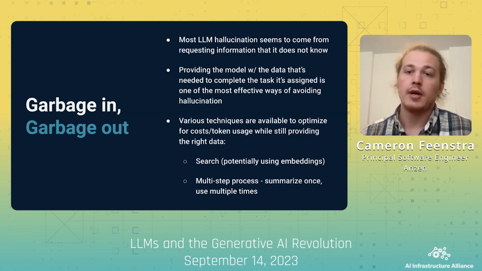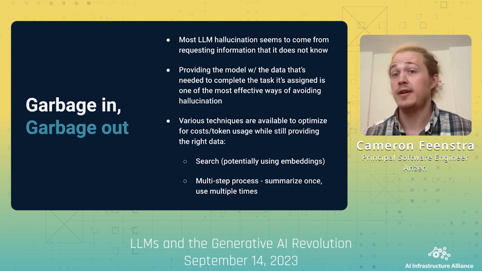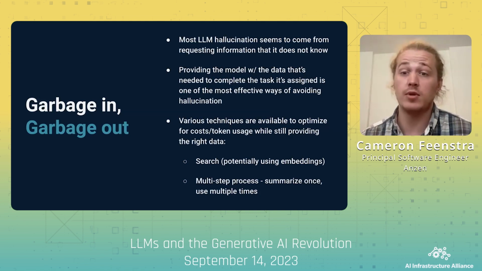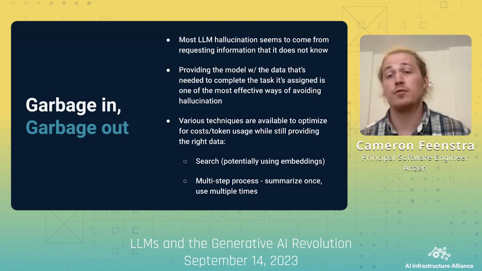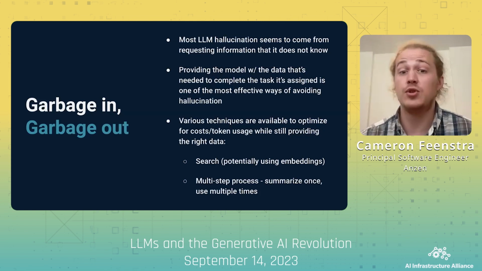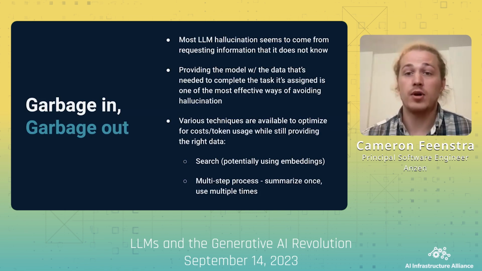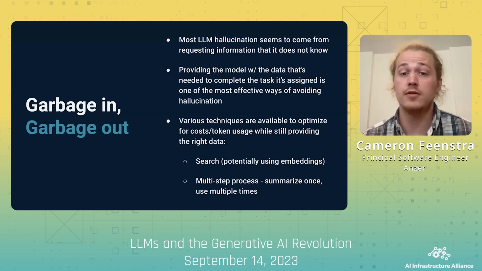Now, if you're providing the model with a lot of information, you quickly run into a new problem, which is that either the information you want to provide is simply too big to fit in the context that the model can accept, or, when you're using a third-party API, often the cost is based on token usage.